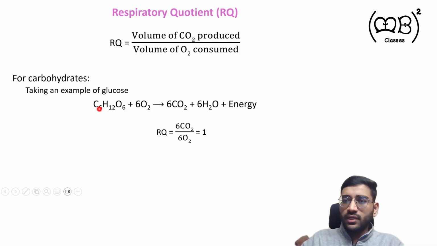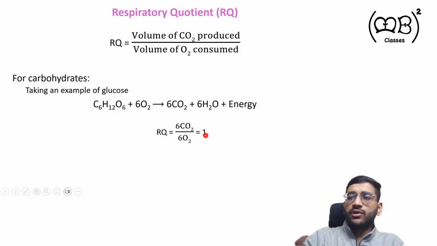For complete oxidation of glucose, we require 6 oxygen, and this would produce 6 carbon dioxide, 6 water, and energy, which is the main goal of oxidizing all the high energy compounds. So RQ would be the volume of carbon dioxide, which is 6, divided by the volume of oxygen consumed, which is also 6. So it would come out to be 1.